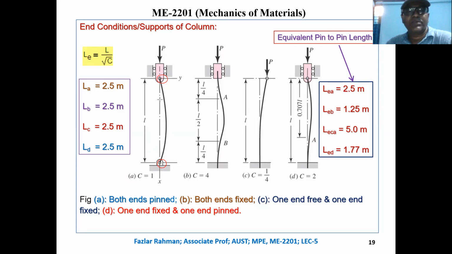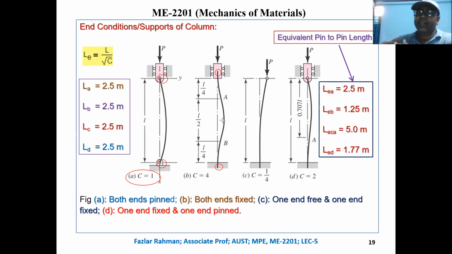So what will be the value of C for this column? Immediately you can say the value of C equals 1. And the length of this column is 2.5. This one also 2.5. All of them have length 2.5. But in this column you see, this end is fixed, this end is fixed. What does it mean? It will behave like a shorter column.